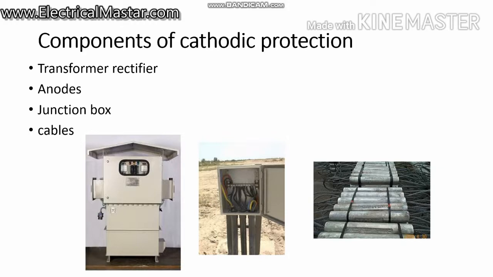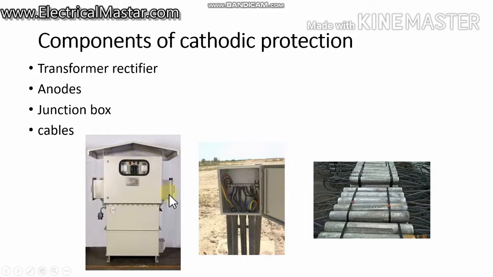So there we cannot take direct electrical supply at higher voltages. That's why we use the transformer, to step the higher voltage down to the required output voltage. In a CP system, mostly we use 24 volt DC. For example, we connect 415 volt or 440 volt AC on the primary side.